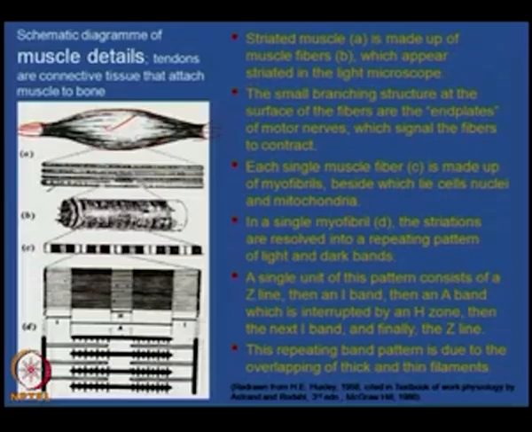which appears striated in a light microscope. In a light microscope, this appears as striated, means marks. The small branching structures at the surface of the fiber are the end plates of the motor nerves.